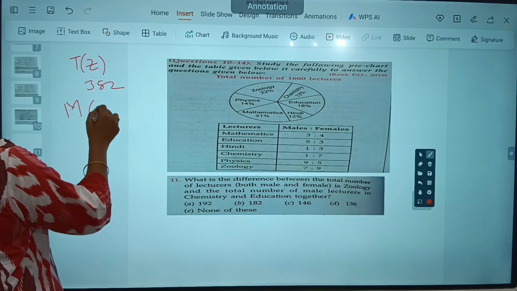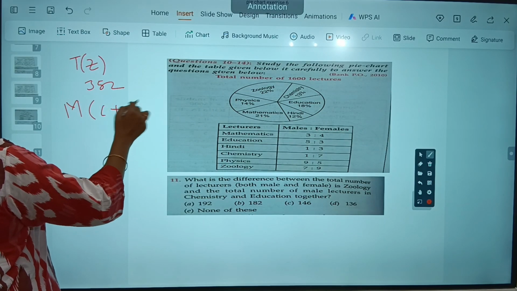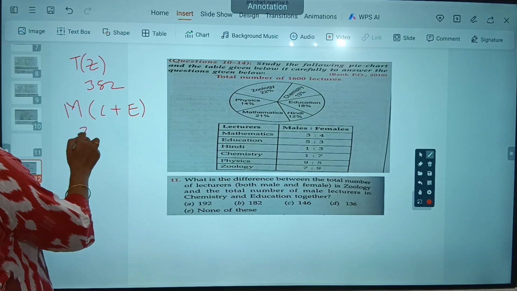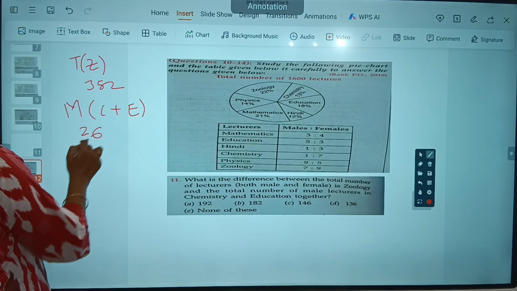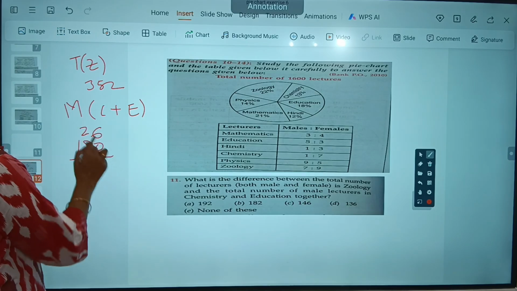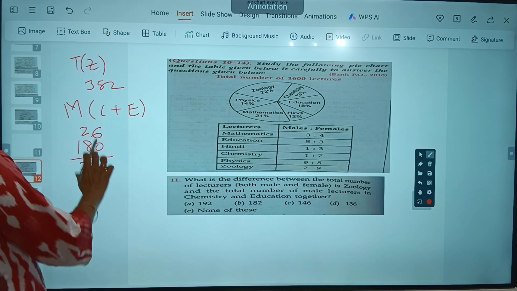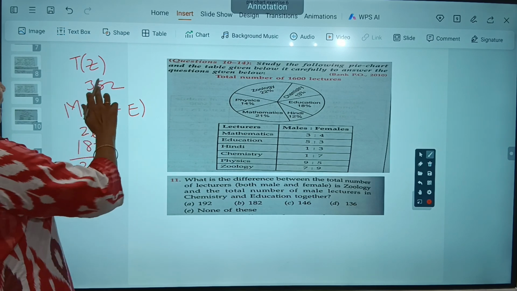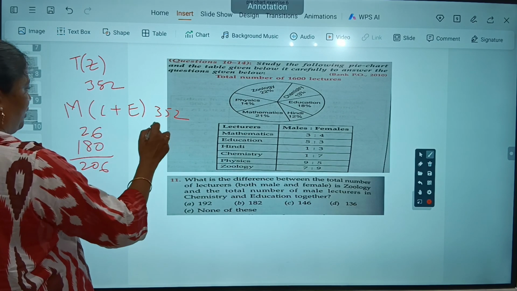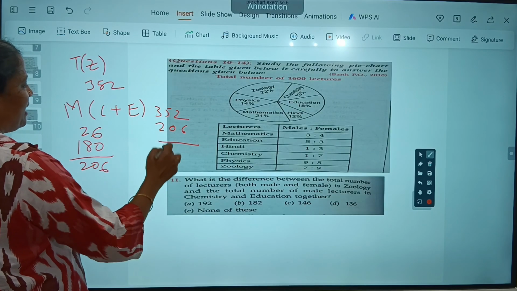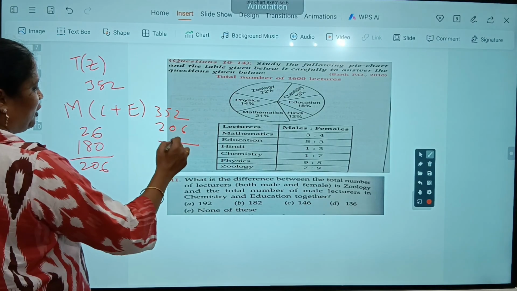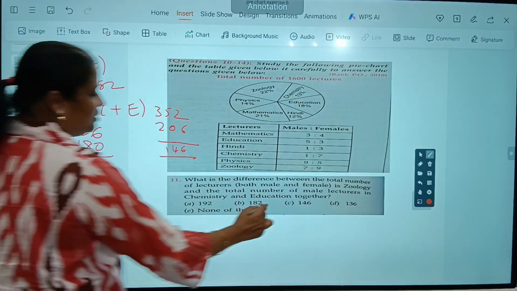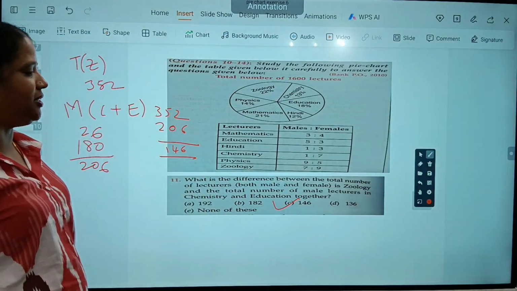Male lectures in chemistry are 26, education 180. This is nothing but 206. Now we have to subtract this from 352. 352 minus 206: 300 minus 200 is 100, 52 minus 6 is 46. So C, 146 is the answer.